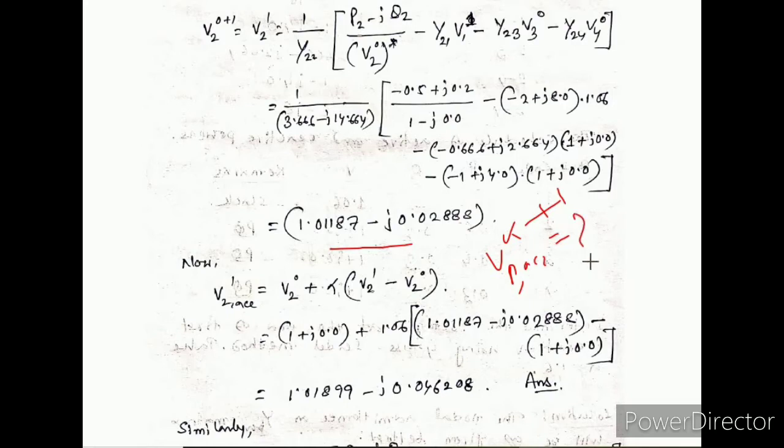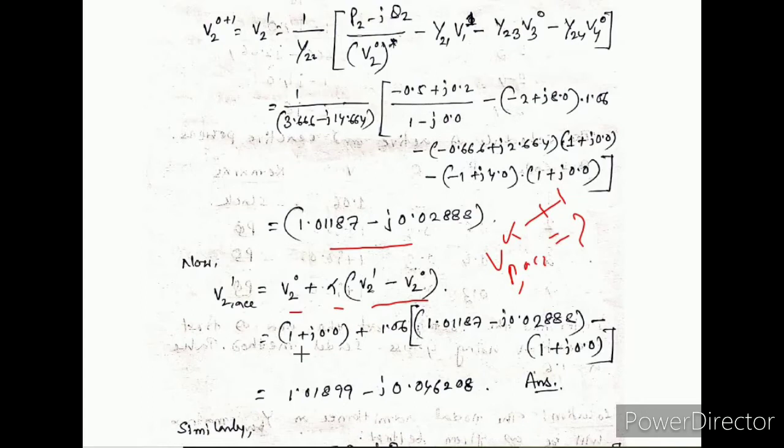So Vp accelerated to the power k plus 1, that means V2 accelerated to the power 1, equals Vp to the power k, that means V2 to the power 0, plus alpha, the accelerating factor, into Vp to the power k plus 1, that means V2 to the power 1, minus Vp to the power k, that means V2 to the power 0. Also you can understand this one from this line.